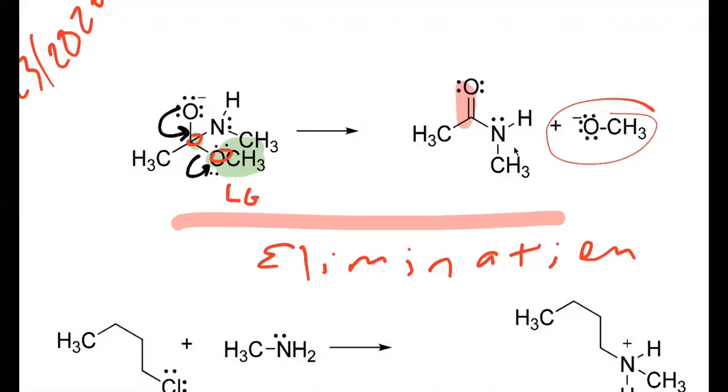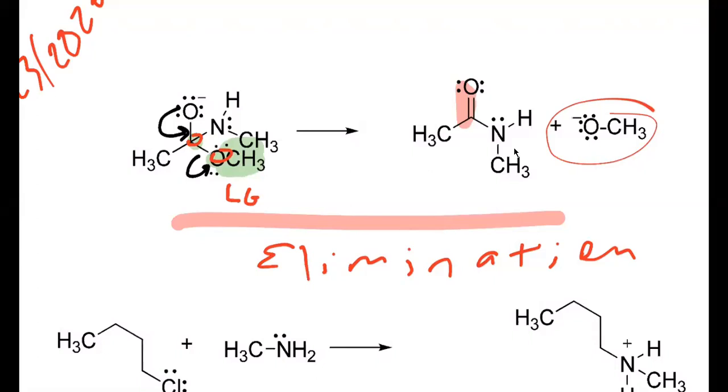What kind of bond breaking is that? Anybody? We learned about 2 ways to break bonds and 2 ways to make bonds. If I break a bond, what's the suffix? Lytic or genic? Lytic, right?